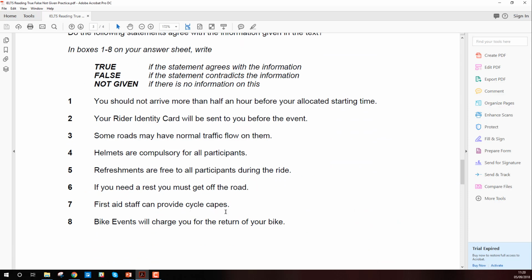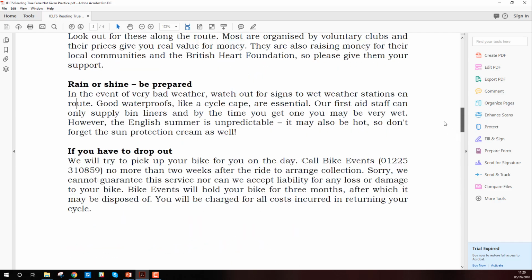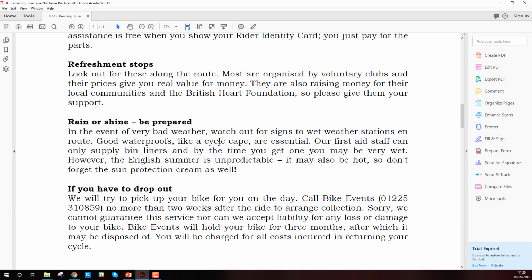Move on. First aid staff can provide cycle capes. We've already found that because we've seen that cycle cape. Good waterproofs like a cycle cape are essential. Our first aid staff can only supply bin liners. Bin liners are bin bags, black bin bags. And by the time you get one, you may be very wet. So, do you need to know what bin liners means? Not really. It would be good if you knew what that meant. Are bin liners cycle capes?